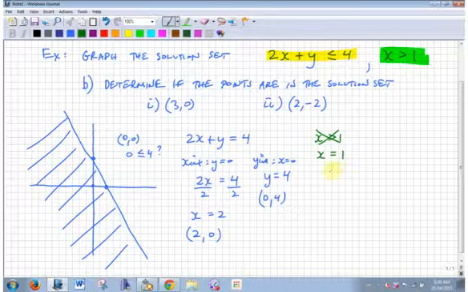So try to stick this into your head. This is the weird one where it says, common sense, x is 1. Do I care what y is? No, I don't care what y is. x is 1 there, it's 1 here. It's also 1 there, it's 1 there. I don't care what y is. All these points, x is 1.